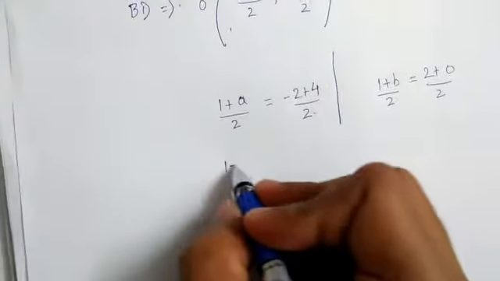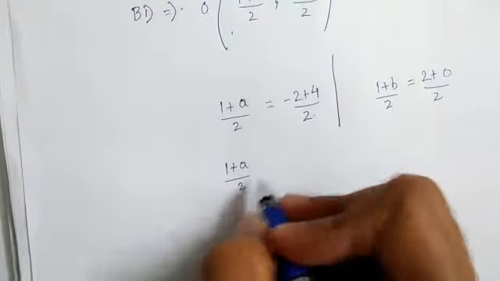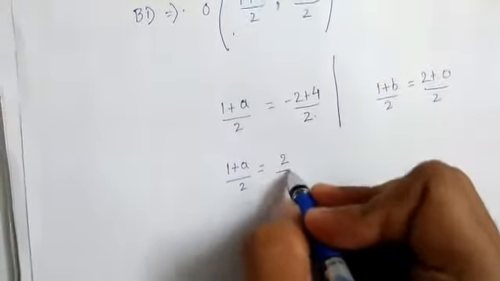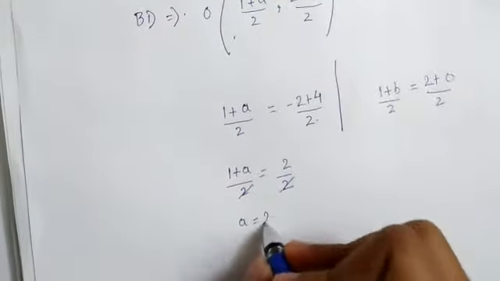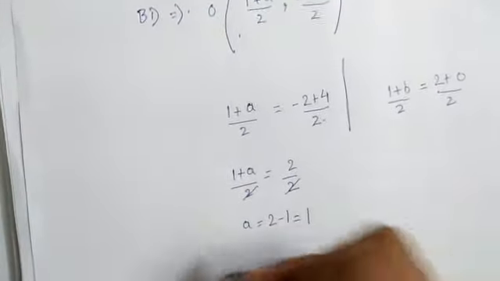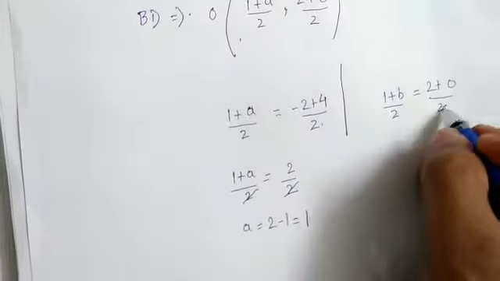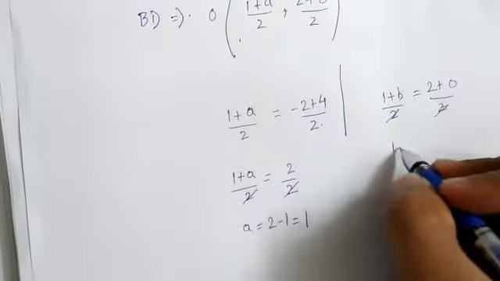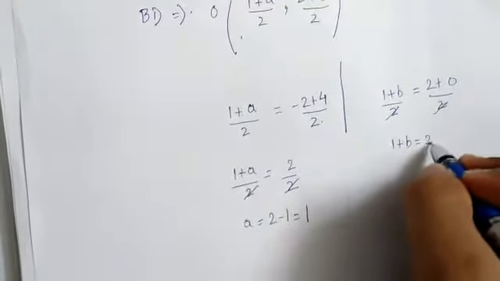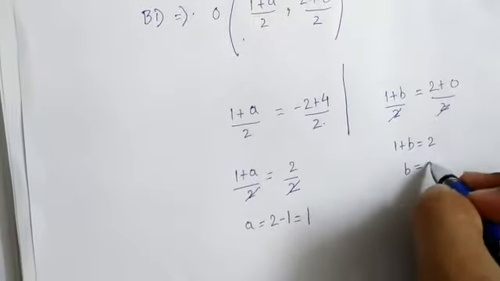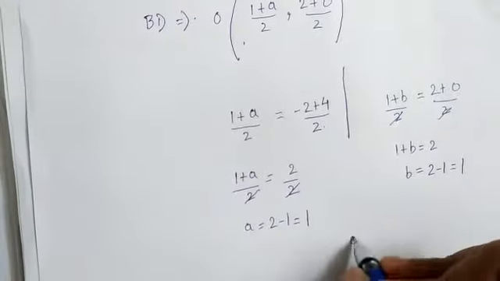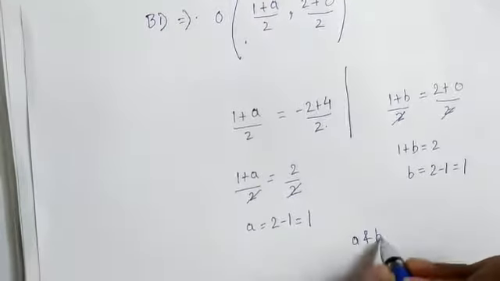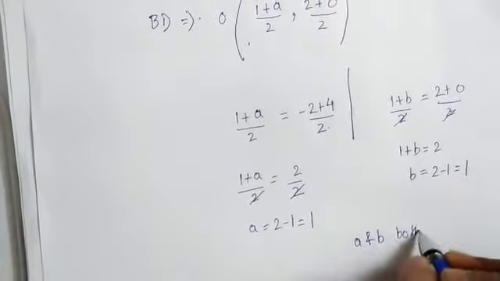Just simplify it. 4 minus 2 is 2, by 2. a is equal to 2 minus 1, that is 1. Similarly, the 2 cancels on both sides, 1 + b = 2 and b = 2 minus 1, that is 1. So a and b both have the value 1.